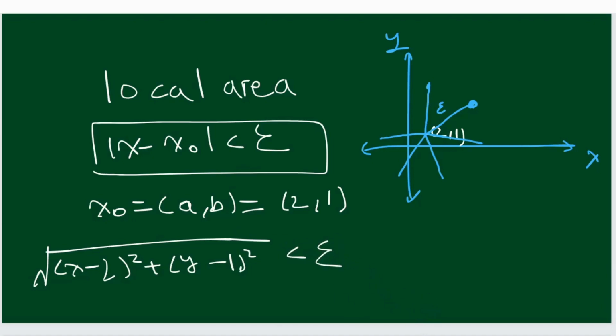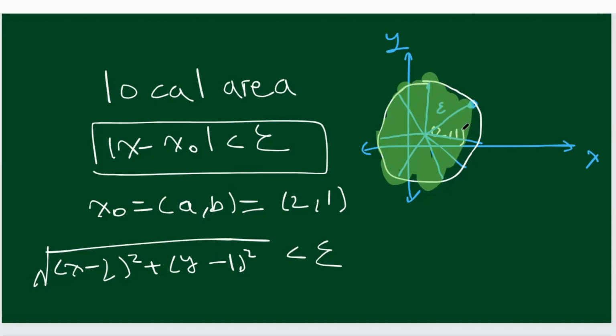And so what is the local area? Well, notice that, as I said before, this goes out in all directions. So eventually, you're actually just looking at a 2D circle. Let me just draw that again. Okay, there we go. So the local area is actually the area inside the circle.